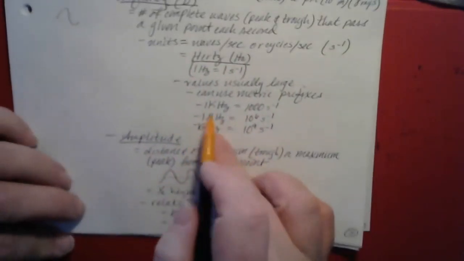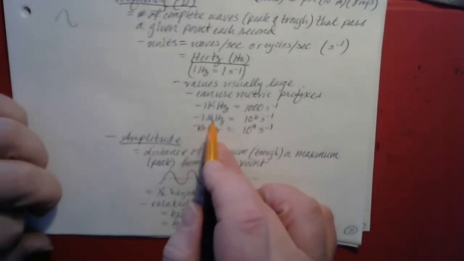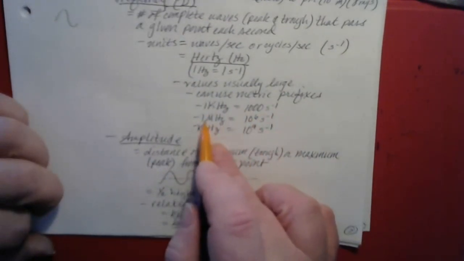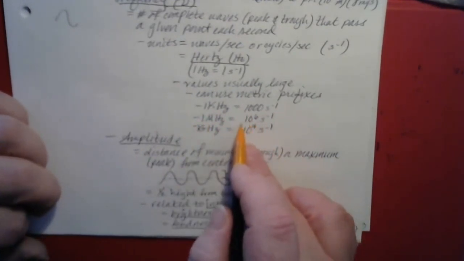So like kilohertz, kHz, that would be 1,000 hertz, or 1,000 per second, or 1,000 inverse seconds. A megahertz would be 10 to the 6th, or a million hertz, or a million waves per second.